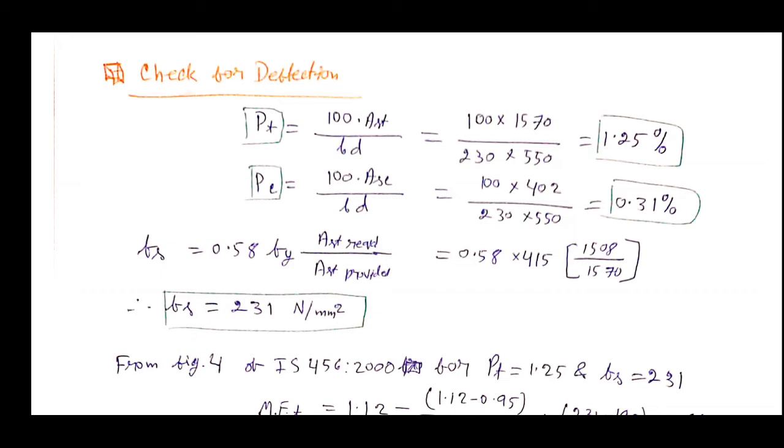So Fs is 231 Newton per millimeter square. From figure 4 we find the modification factor for tension reinforcement, and from figure 5 the modification factor for compression reinforcement of IS 456 2000.